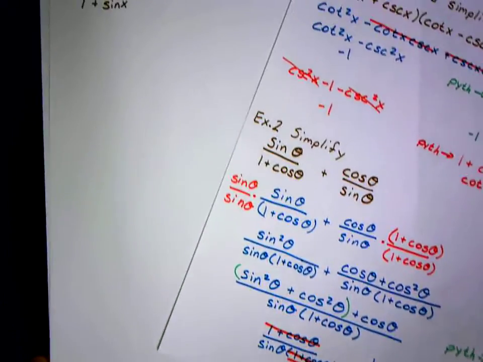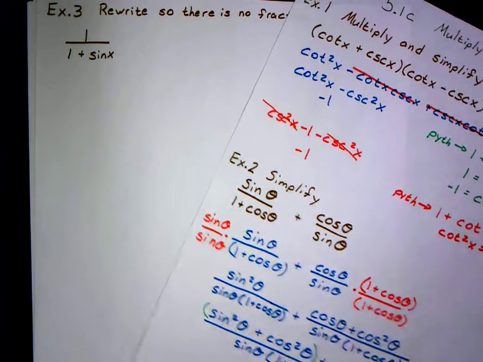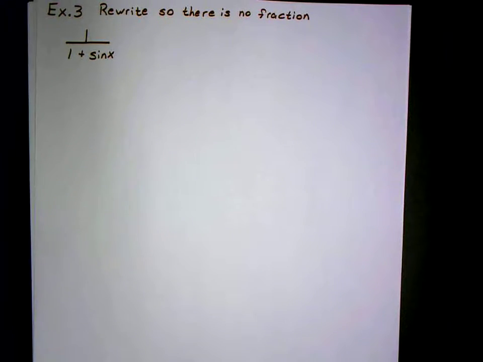Okay, example 3, last one. You're going to have some problems that just give you a single fraction like that and ask you to rewrite it so that it's not a fraction. The way we do this is by using the Pythagorean.